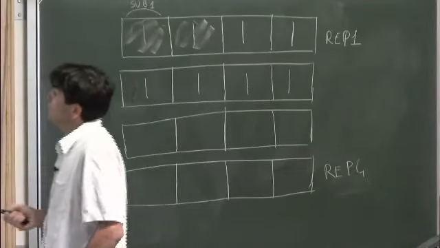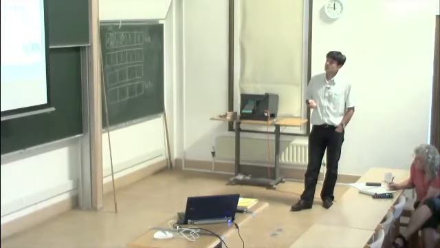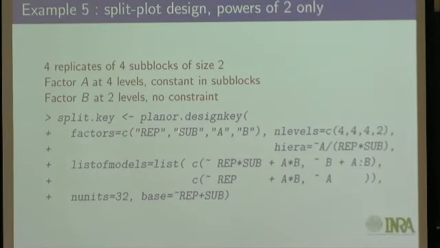So how do we specify that? First we give the names of the factors. They have 4 blocks, 4 subblocks per block, 4 levels for A, 2 levels for B. And here is a new argument of design key.